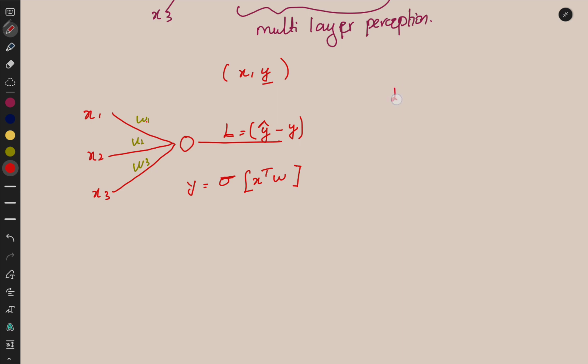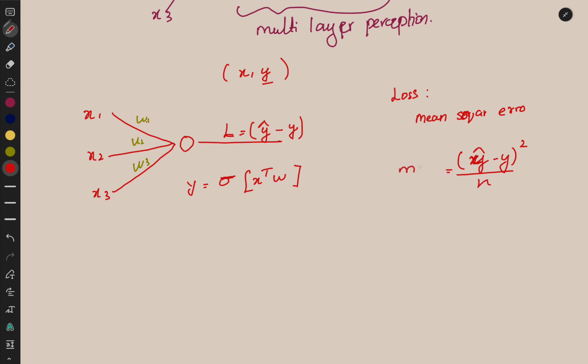Let's first see what kinds of loss functions there are. Mean square error: you take the predicted Y and the ground truth, take the square of the difference between them, and average it.